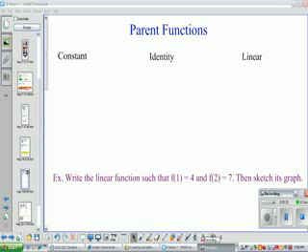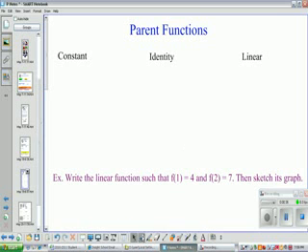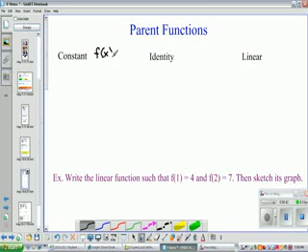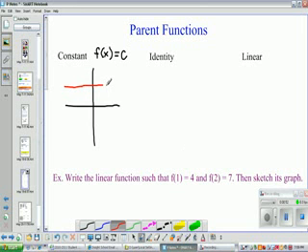And the first one is a constant function. And that is literally that the function equals a number. So f of x, remember that's our function notation, equals c. So we have a graph, our x and y axis, and you have wherever c happens to be.